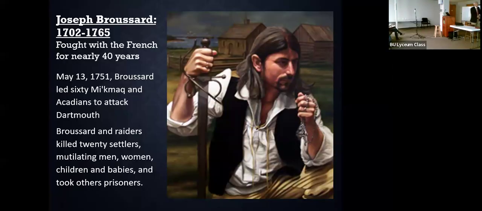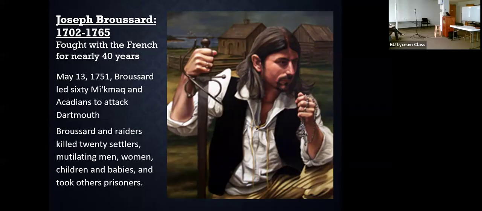Now, this is a little bit of a divergence, but I want to point out something by showing this slide. This fellow Broussard fought with the French for nearly 40 years. He fought from roughly 1720-ish, Drummond's War that I showed you, 1722.